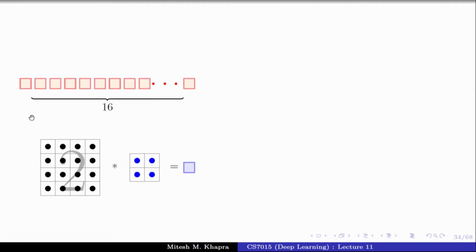Now let's look at the convolution way of doing this. I have this 4x4 input, and I've taken filters of size 2x2. If I place a 2x2 filter on pixels 1, 2, 5, and 6, I'll get one output. If I place it on pixels 2, 3, 6, and 7, I'll get the other output, and I can continue in this way.